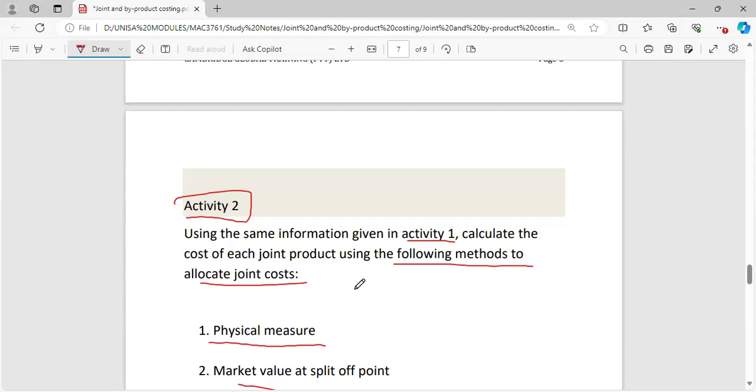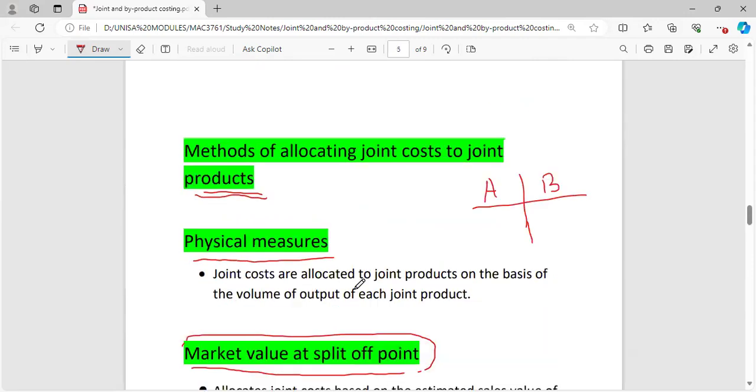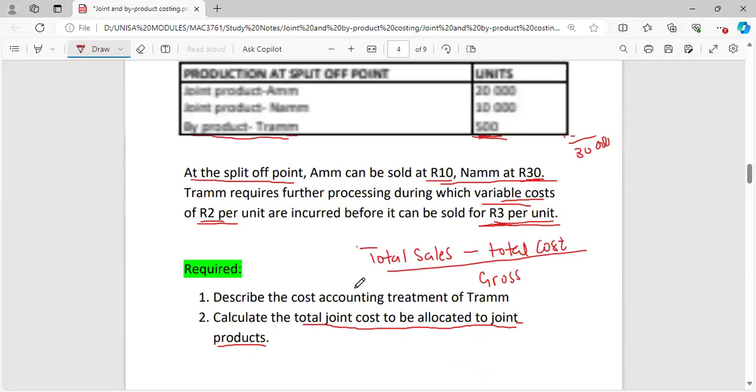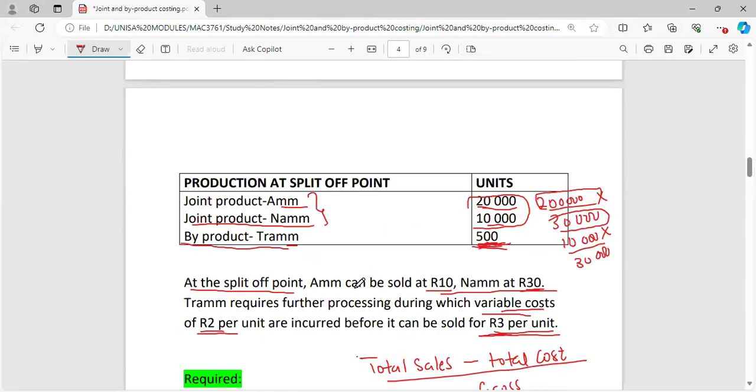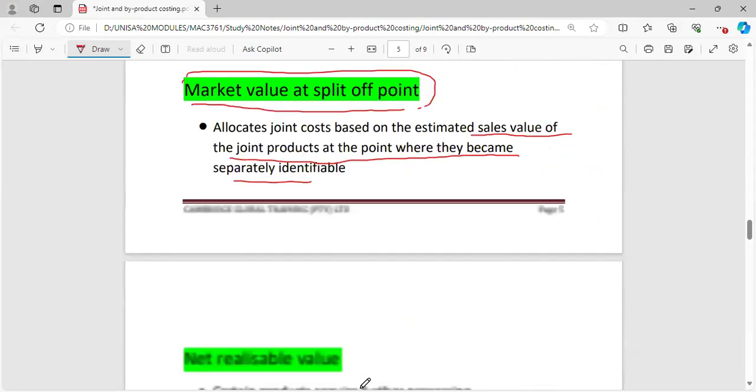No. So if there is no further processing, we just take the sales value at split off point for NUM, which means we're going to use the sales value at split off point. So NUM at split off point was 30 times 10,000. So that's the sales value of NUM.